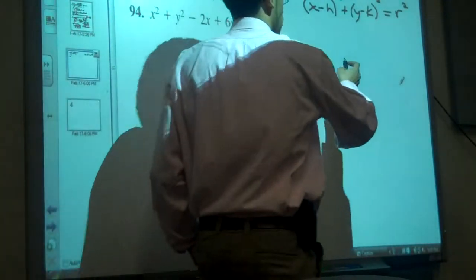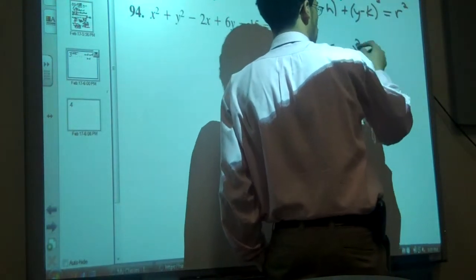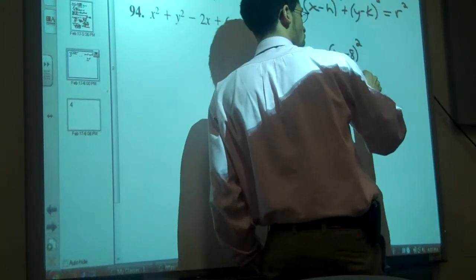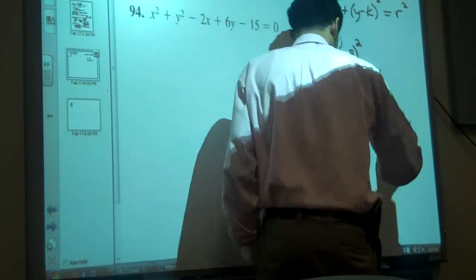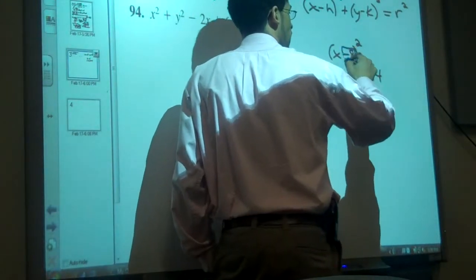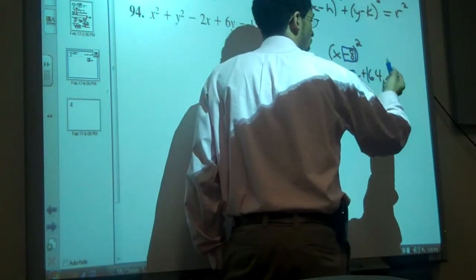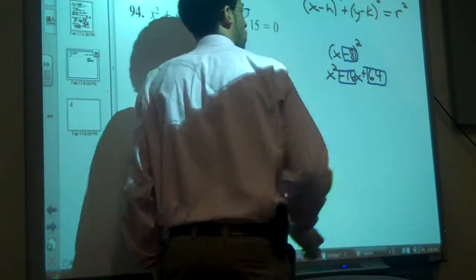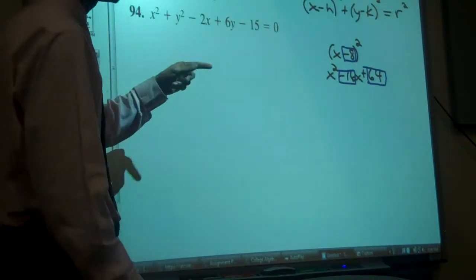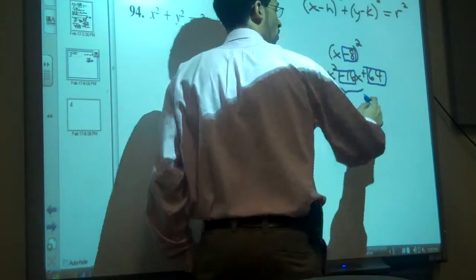Okay? If I tell you x minus 8 quantity squared, if you were to multiply that out, what you notice is that we'll get x squared minus 16x plus 64. There's some relationship between these three numbers, the negative 8, the negative 16, and the positive 64. It's that relationship that we need to work backwards. We're going to start off with maybe only parts of this.